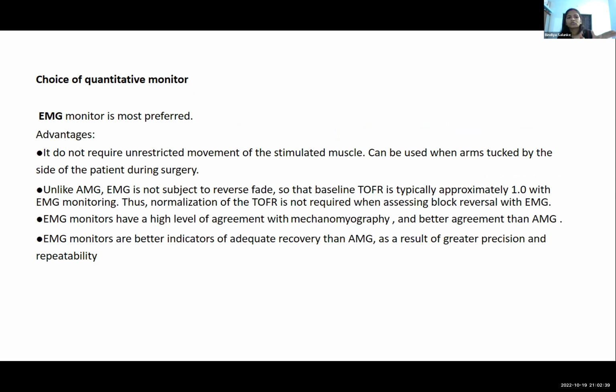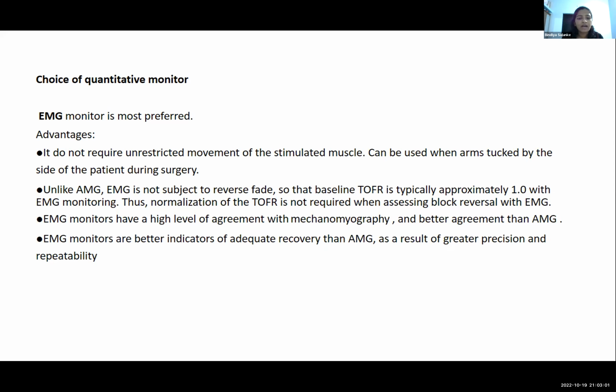Here 3 electrodes are used, one at the belly of the muscle, one at the insertion of the tendon, and one in between. So the action potential is measured. Unlike AMG, EMG is not subject to the reverse fade. So the baseline train-of-four ratio is not required and normalization is not required to be done.